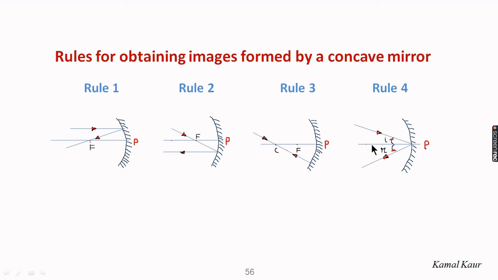Now another thing to notice for rule number 4 is principal axis also passes through center of curvature, means it makes an angle of 90 degrees, or it can also be considered as normal. So any incident ray making an angle of incidence will be reflected in such a way that the angle of reflection is also the same. So these are the 4 rules.